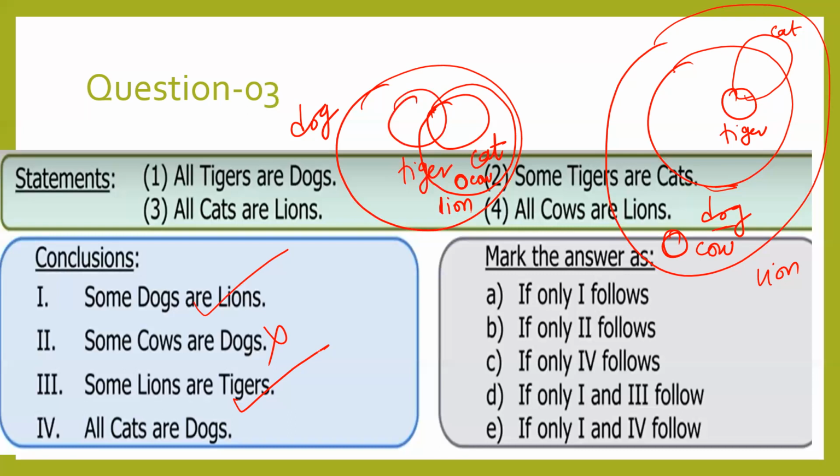So there's always an intersection between lion and tiger. So you cannot remove them.